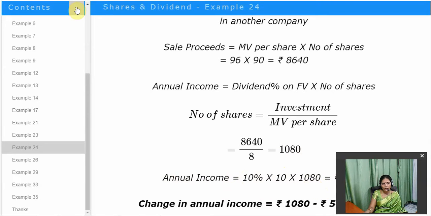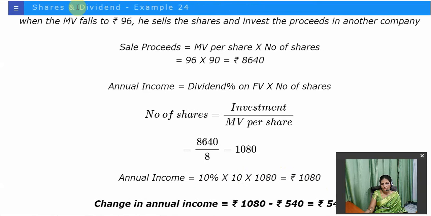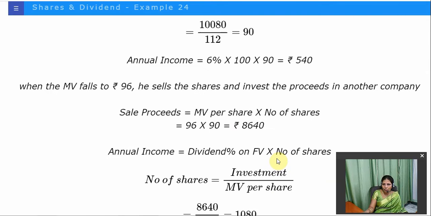So annual income is equal to 1080. This is the annual income he is getting from the reinvested company, right? Earlier what was his annual income? The first time the annual income is 540.